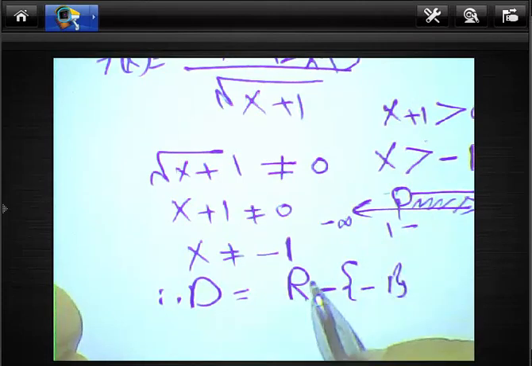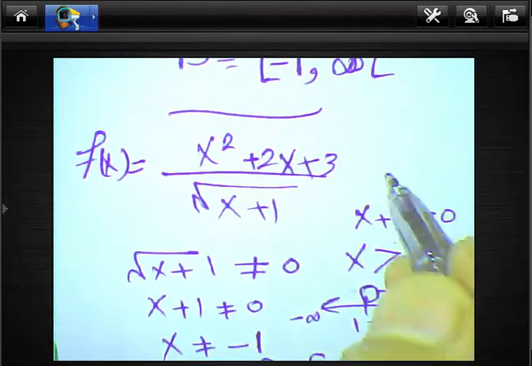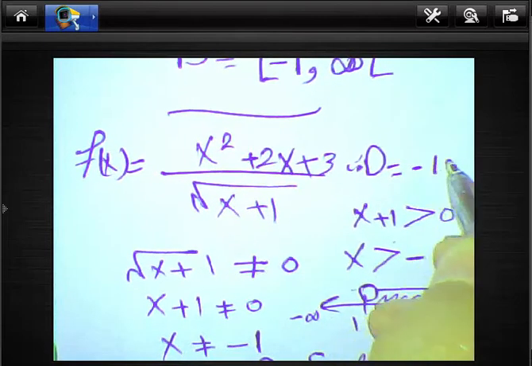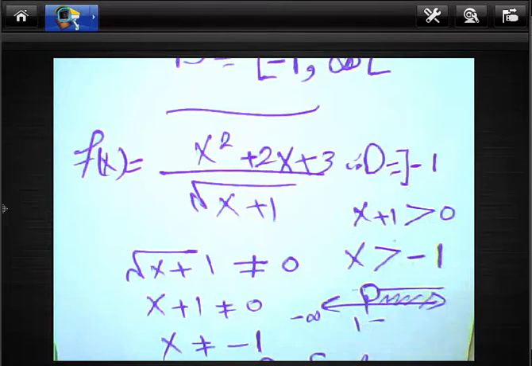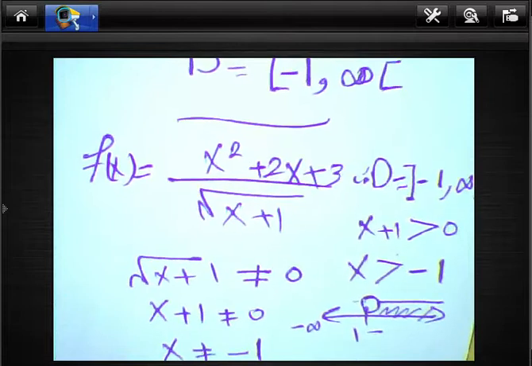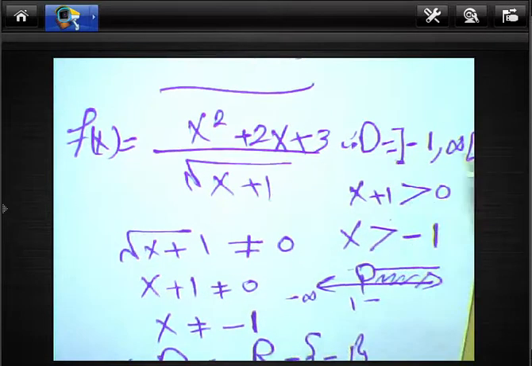We can write another form of this domain: from -1, open, to infinity. So the domain of this function will be the open interval from -1 to infinity.